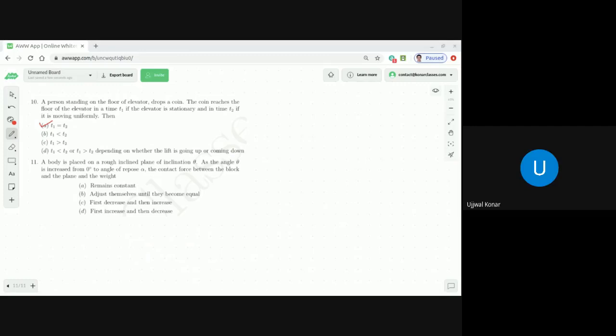Are you sure? Yes, sir. No, it is actually B. At any angle theta, when the body is not sliding, the frictional force is equal to mg sine theta. Correct or not? So if I draw the diagram, what will happen? You will get something like this. Let me show you the diagram.